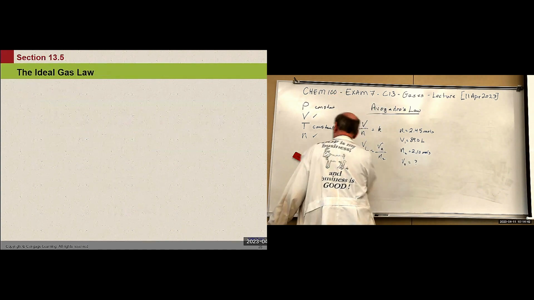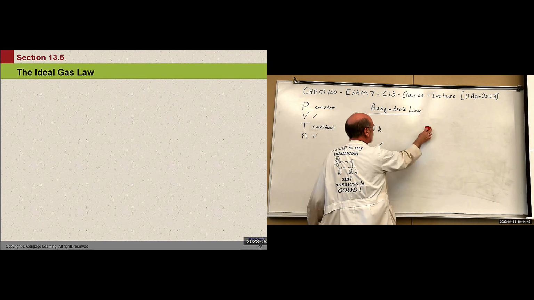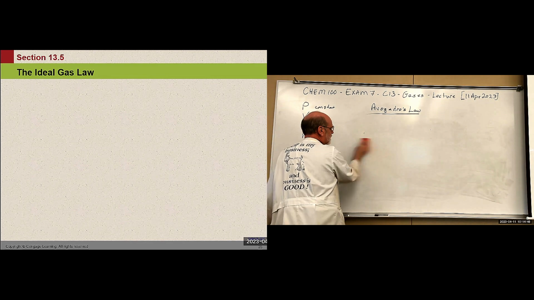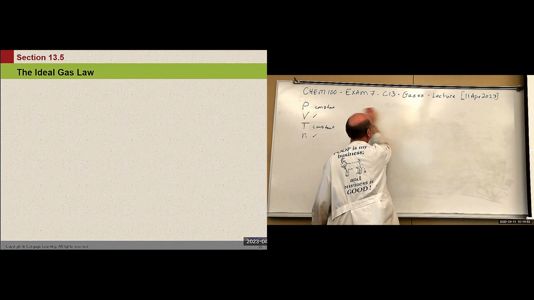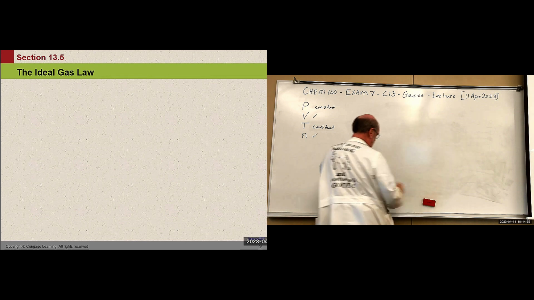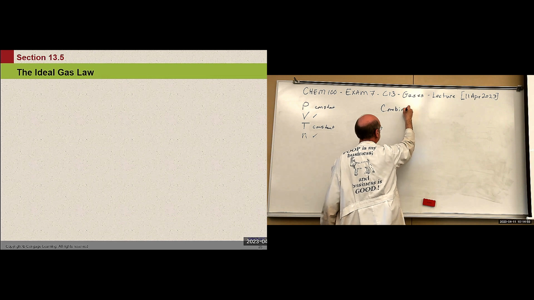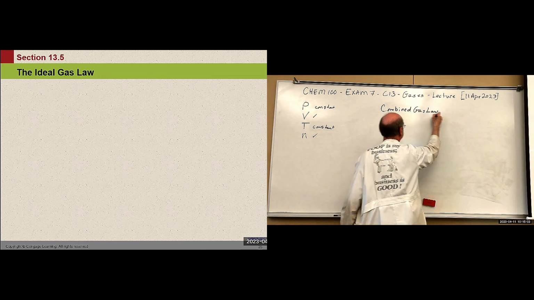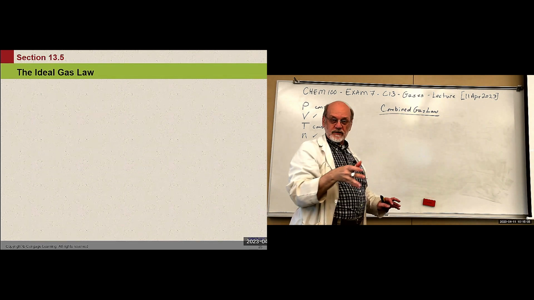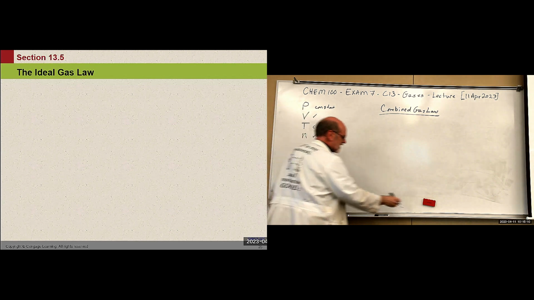All right. So before we move to the ideal gas law, there's one other before and after situation. This is called the combined gas law. So it's still before and after, but suppose more than one of these is allowed to vary.